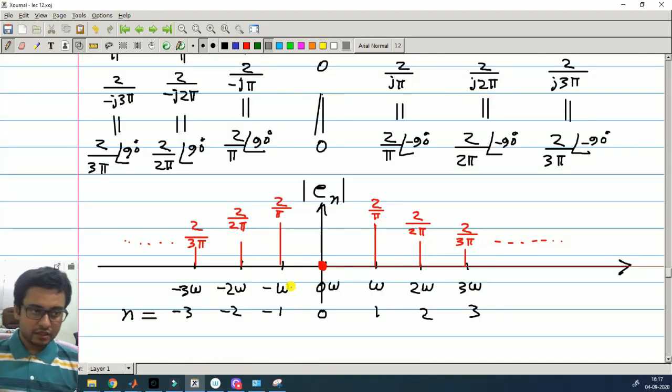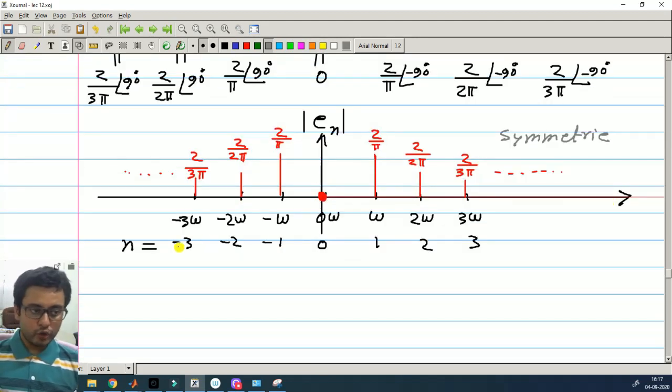Therefore this graph that we have drawn must be a symmetric graph, or an even function of n or omega. So this is symmetric. This graph where we plot the magnitude of different coefficients as a function of n or n omega, this is called the magnitude spectrum.